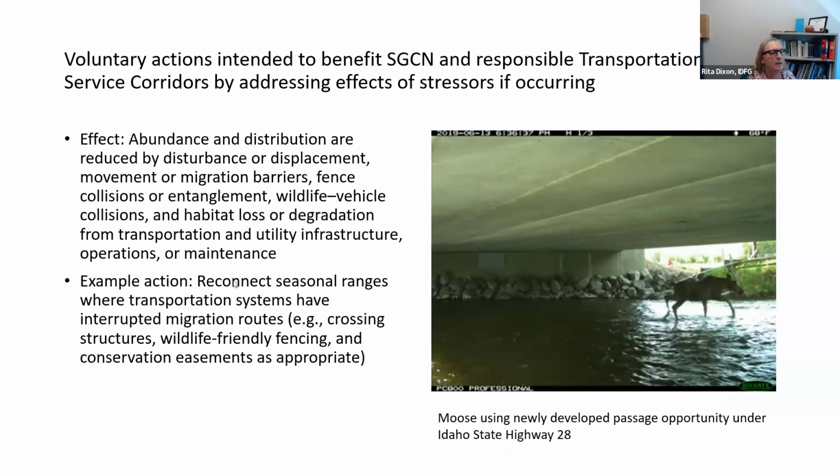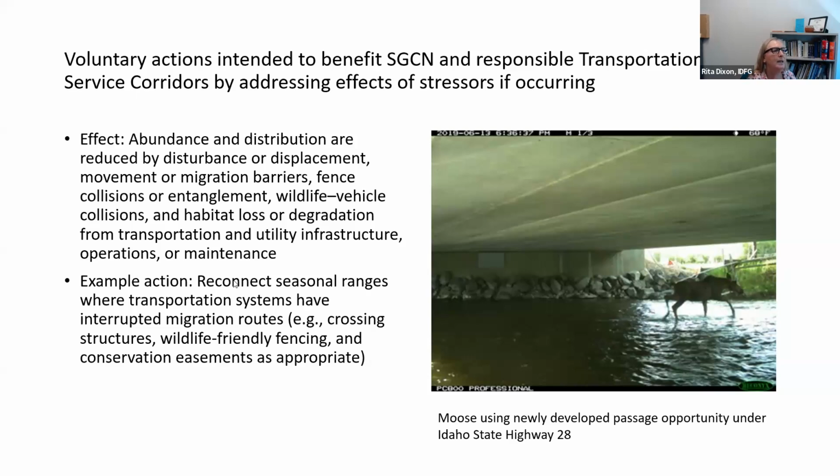In this particular example, this is a moose using a newly developed passage opportunity under Idaho State Highway 28. And so what we've tried to do is look at what is the effect of these problems on wildlife, and based on the effect, what can we do to address that problem?